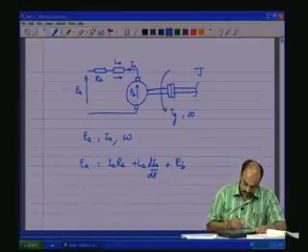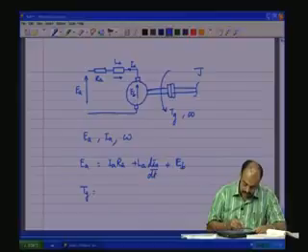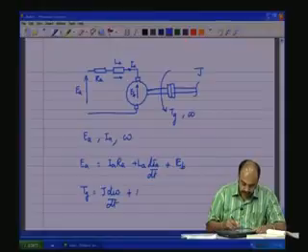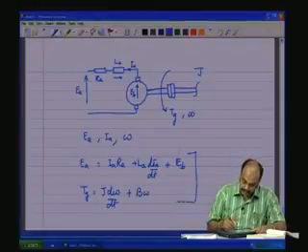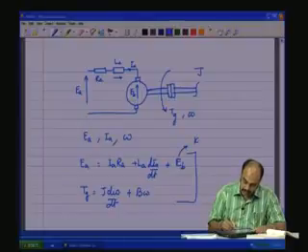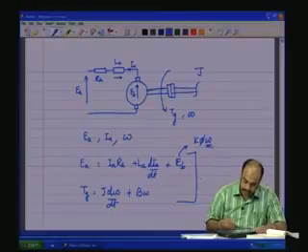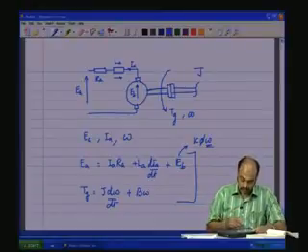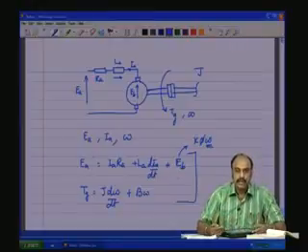The other equation is TG will be equal to J d omega by dt plus friction into omega, same as in the case of the DC generator, and this will be K into phi into omega. So, this is also expressible in terms of state variables and input variables. Use these two equations to obtain the state equations.